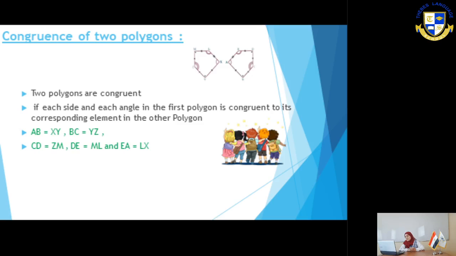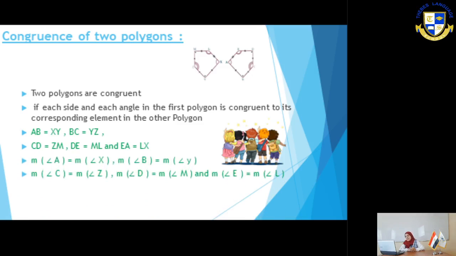Each side in the first polygon is equal to the corresponding side in the second polygon, and also the second condition: measure of angle A equals measure of angle X, measure of angle B equals measure of angle Y, measure of angle C equals measure of angle Z, measure of angle D equals measure of angle M, and measure of angle E equals measure of angle L.